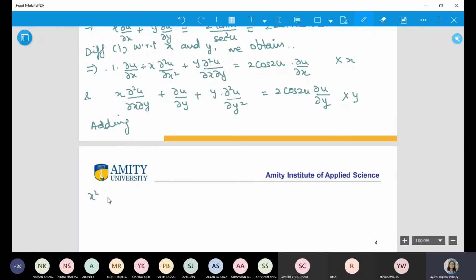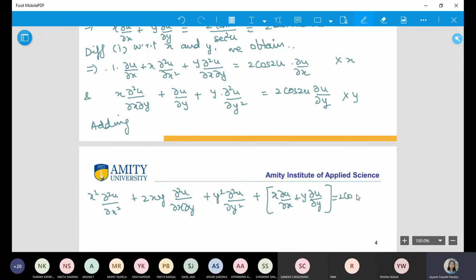This is x² ∂²u/∂x² ... y² ∂²u/∂y² plus x ∂u/∂x + y ∂u/∂y is equal to 2 cos 2u (x ∂u/∂x + y ∂u/∂y).